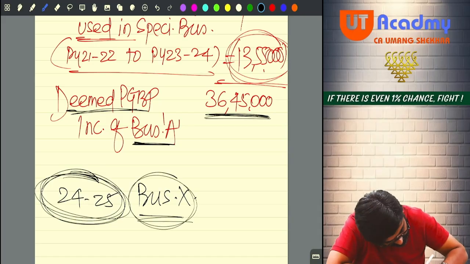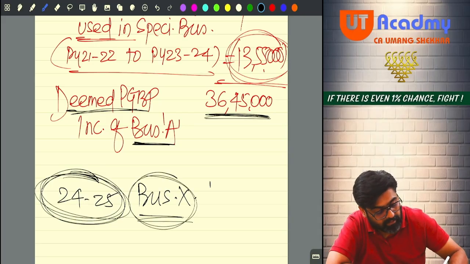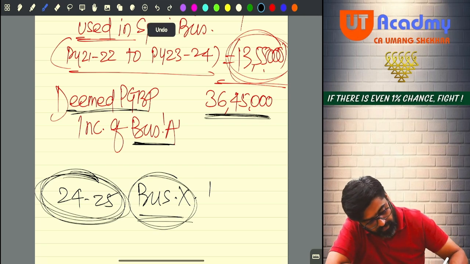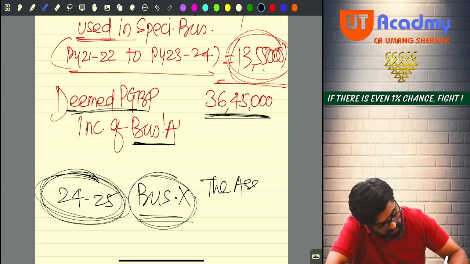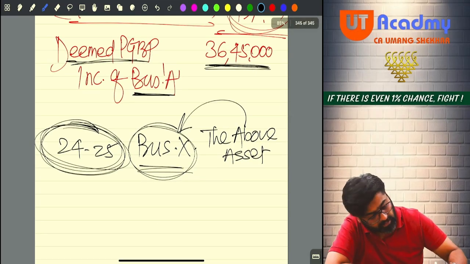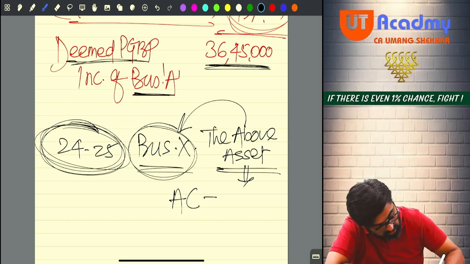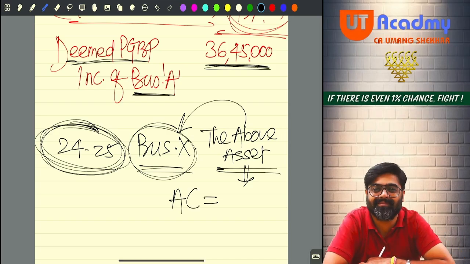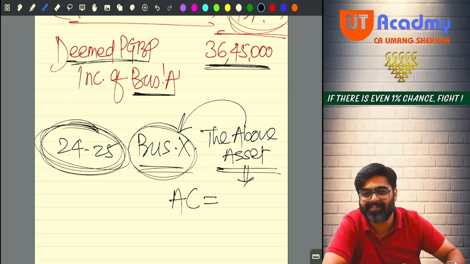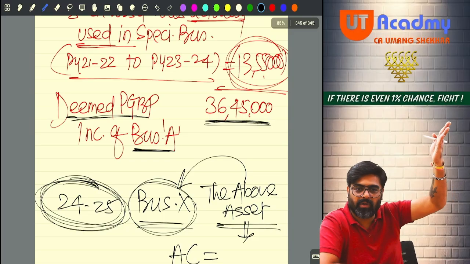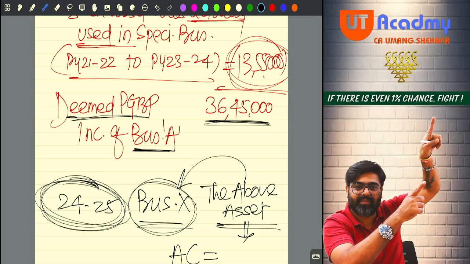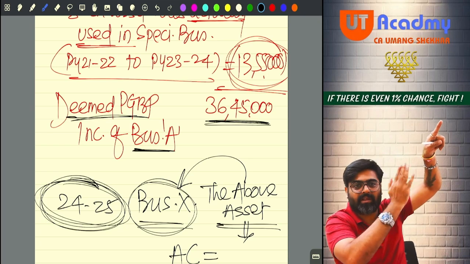So for this business X, this building which is coming, the above asset, which is now used in this business, what will be the actual cost of this? 50 lakhs got allowed in business A. Out of that, 13,55,000 depreciation gone.